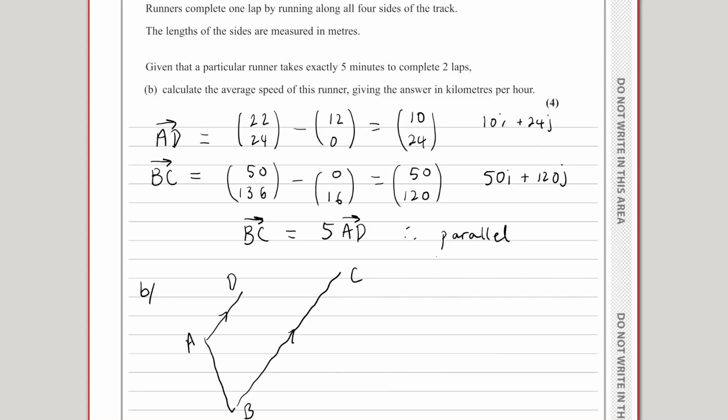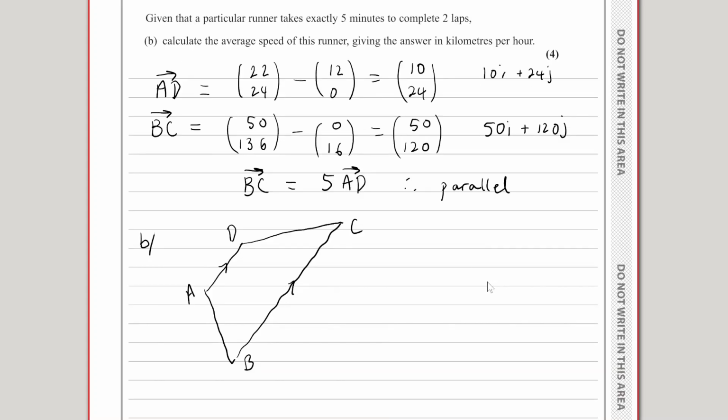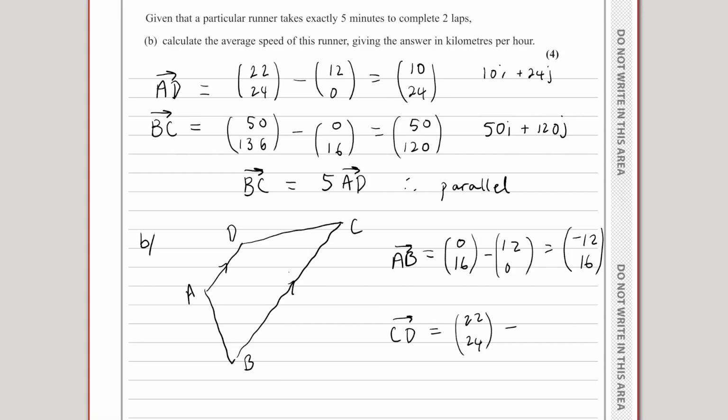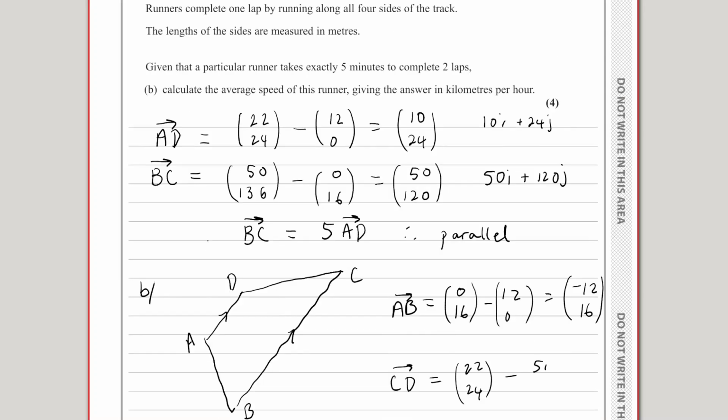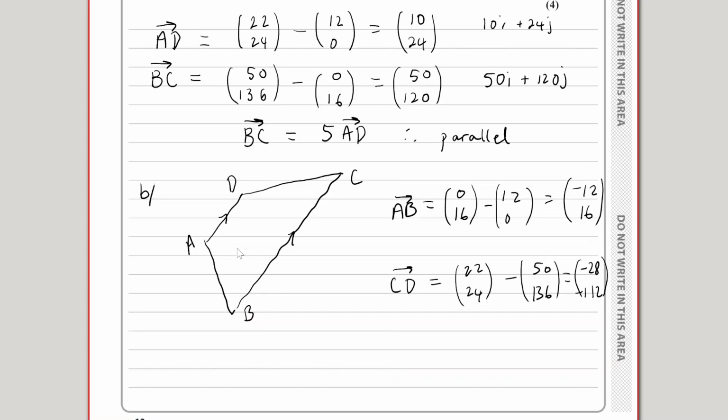So we've also got the length A to B and C to D. So A to B is B take away A, which is 0, 16, take away 12, 0, which would be minus 12, 16, and C to D, D take away C, which is 22, 24, take away 50, 136, so that's negative 28, negative 112.